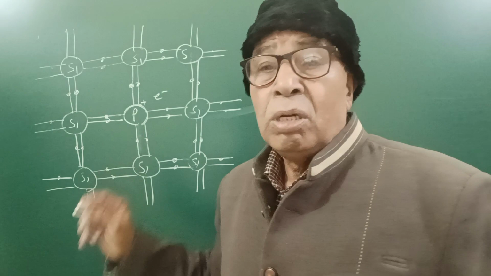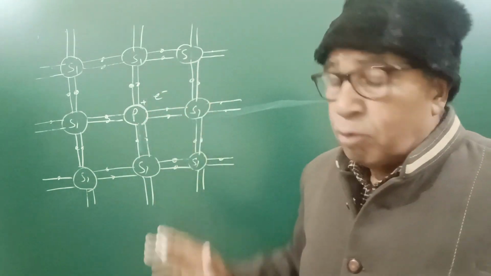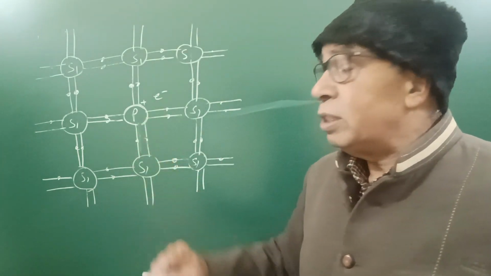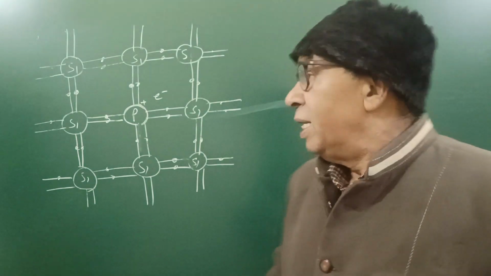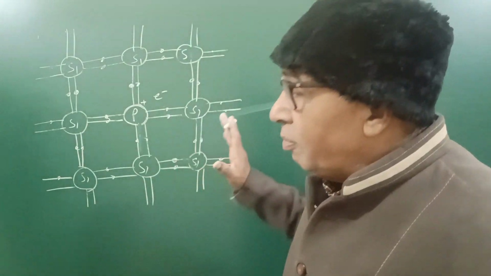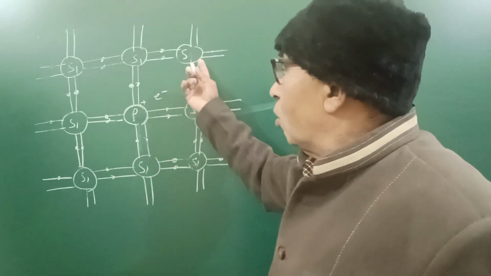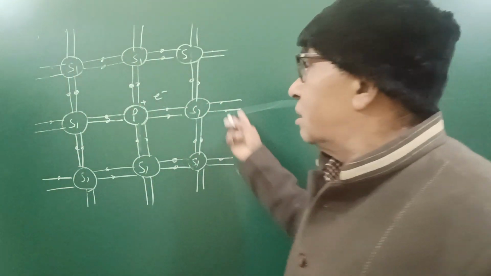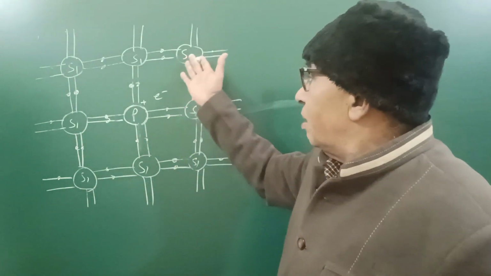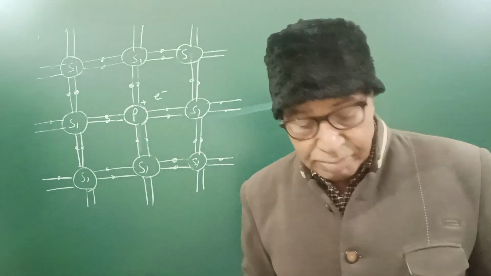It is not totally free. It needs a small amount of energy to get away from the phosphorus atom. So phosphorus here is called the donor, and this electron is called the donated electron. Even at 0 Kelvin, this will be there. And overall silicon itself is an intrinsic semiconductor. At normal temperature, there may be some electrons due to thermalization because of intrinsic charge carrier density.